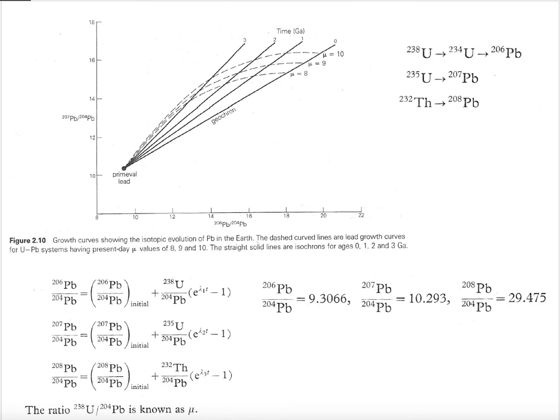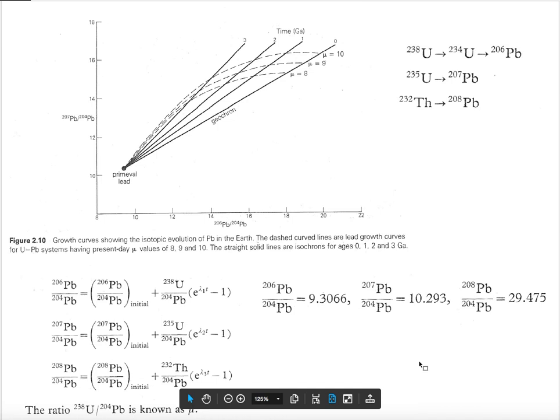Then we have lead-207 to 204, and therefore I have written down the three equations for lead: the ratio for lead 206 to 204, the initial values for lead 207 to 204, and the initial values for lead 208 to lead 204, which they have calculated here.